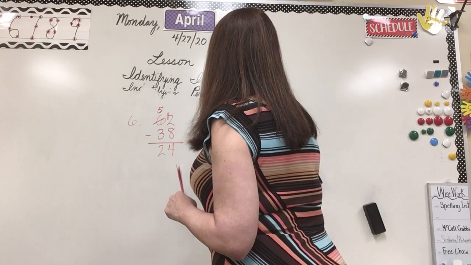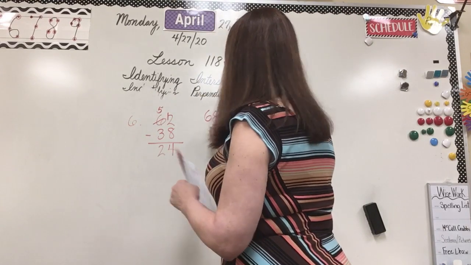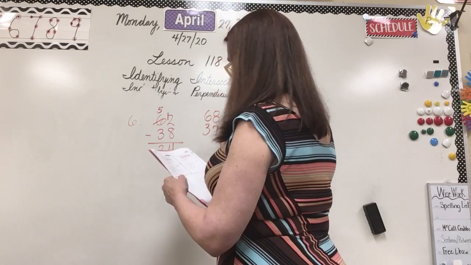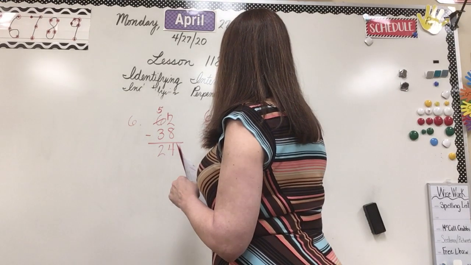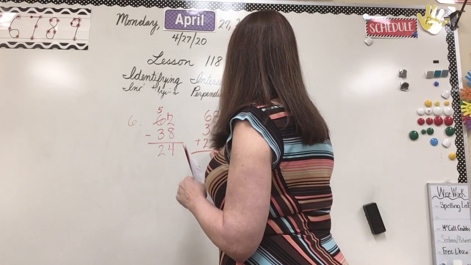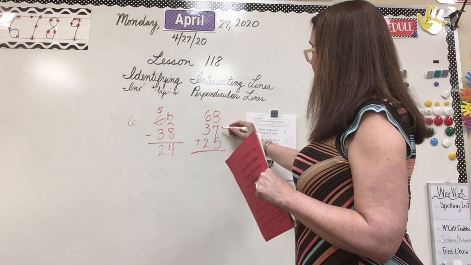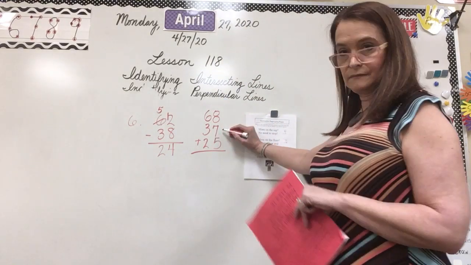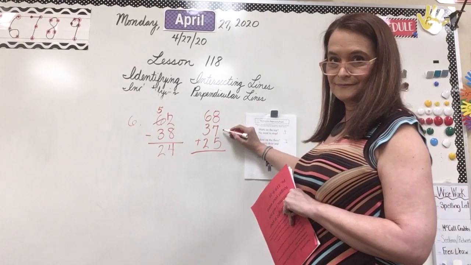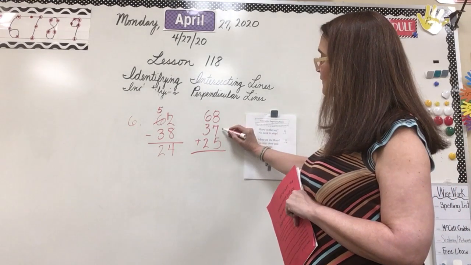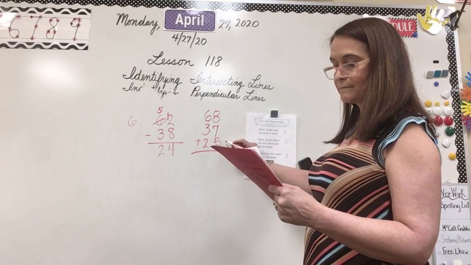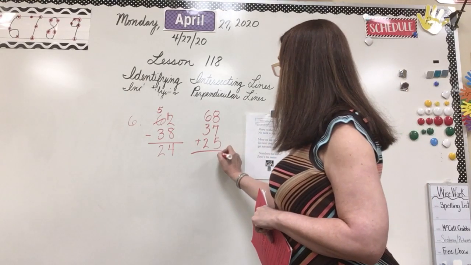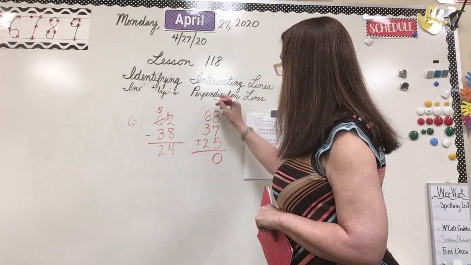Now we have an addition problem. 68 plus 37 plus 25. 8 and 7 is 15. What is 15 plus 5? 20. You put your 0 down.